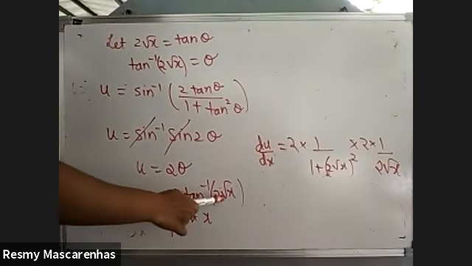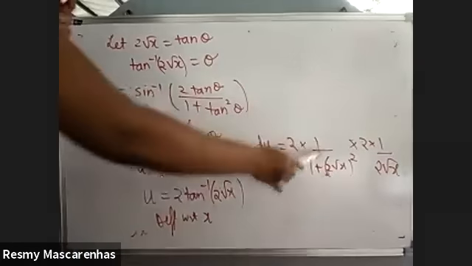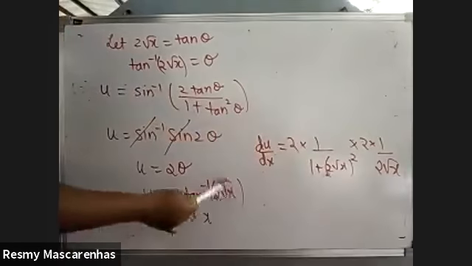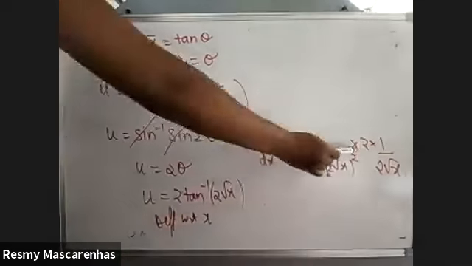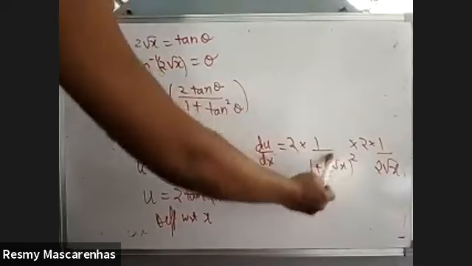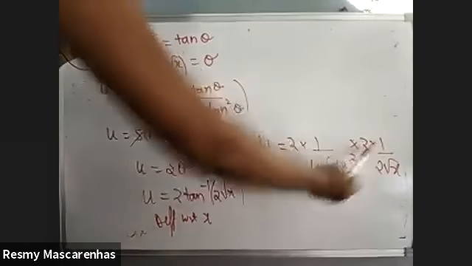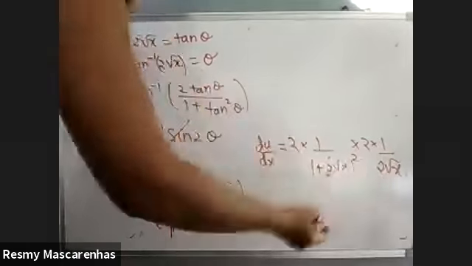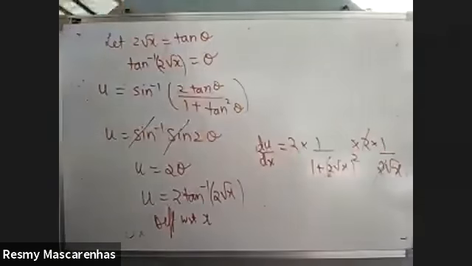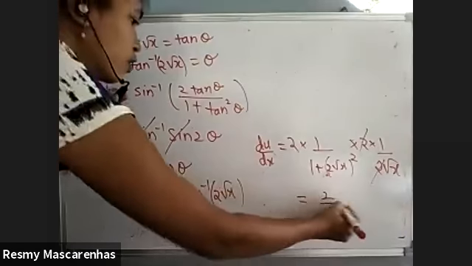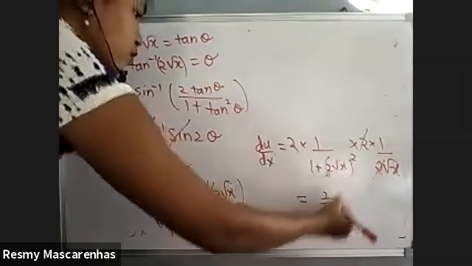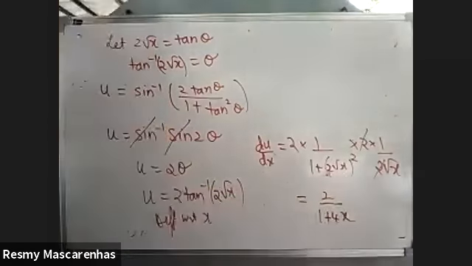If this was tan inverse of x, the answer would have been 1 upon 1 plus x square. But instead of x, it is 2 root x. So 2 root x the whole square, into the extra derivative of this. So 2 into derivative of root x is 1 upon 2 root x. 2 and 2 will cancel. So the answer will be 2 upon 1 plus 4x.